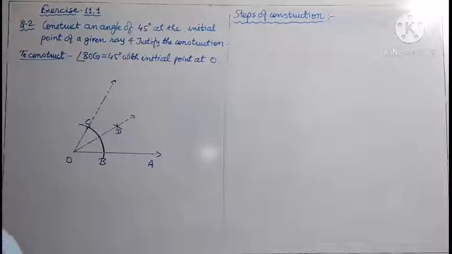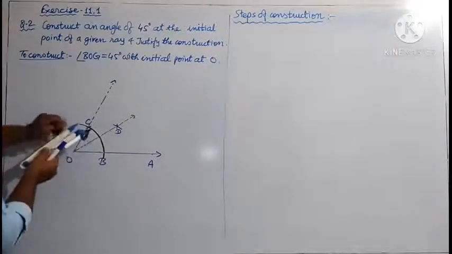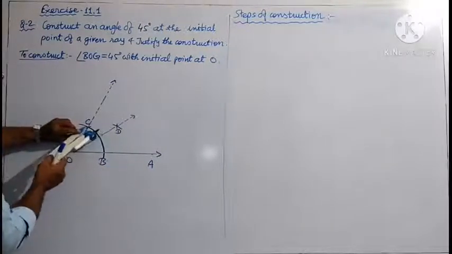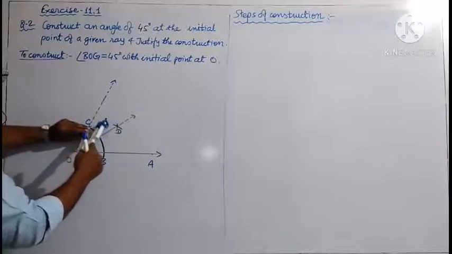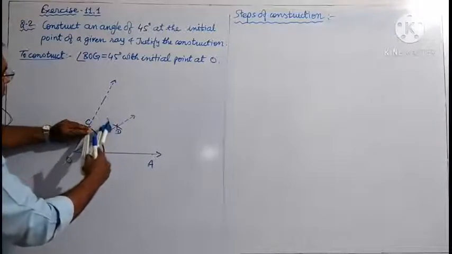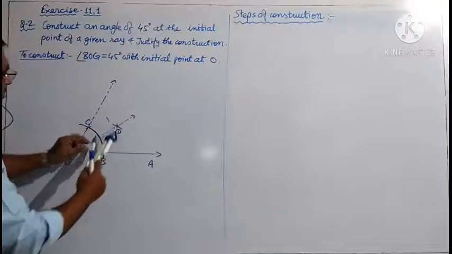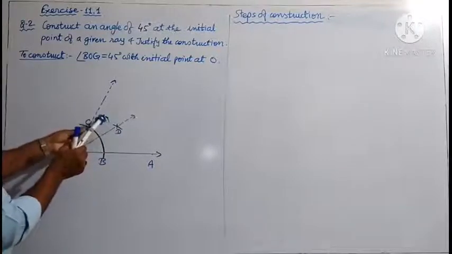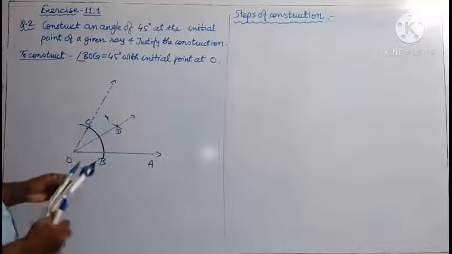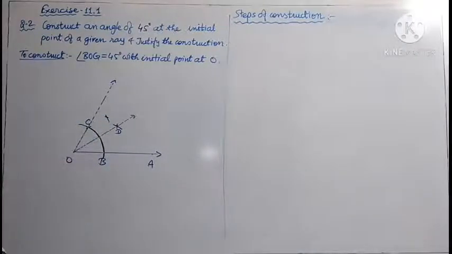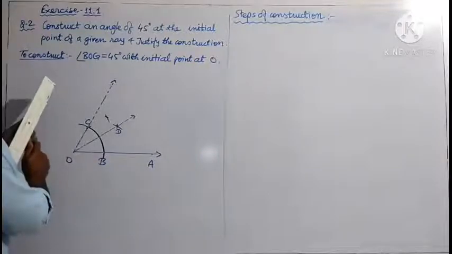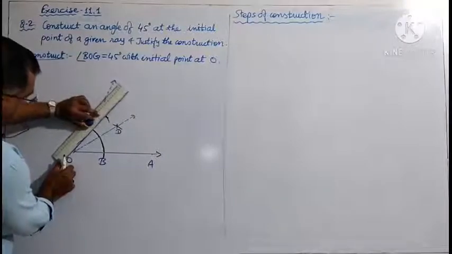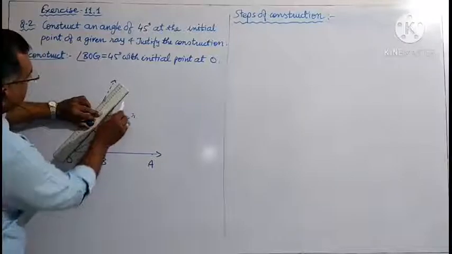Now draw the bisector of angle COD. So taking these 2 points on this previous arc, we have to draw the arcs, they intersect at a point. Now this point we say G. So draw OG.